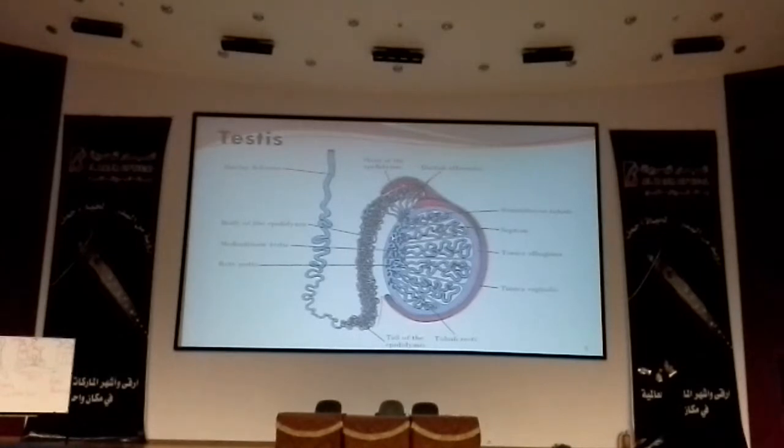The tunica albuginea, which is blue, has a posterior extension called the mediastinum testis, through which the seminiferous tubules emerge with sperm inside. So, from the mediastinum testis, the sperm emerge through the rete testis, then from the rete testis to the efferent duct, and from the efferent duct to the epididymis.